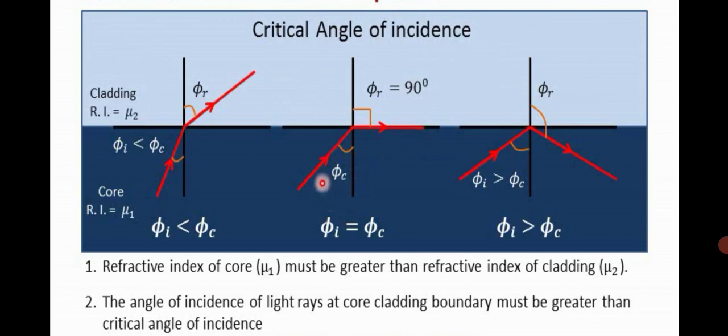If we again increase the angle of incidence greater than the critical angle, then the light is totally internally reflected. So when light has an angle greater than the critical angle, it gets reflected into the same medium, and this is the basic principle of an optical fiber, total internal reflection.